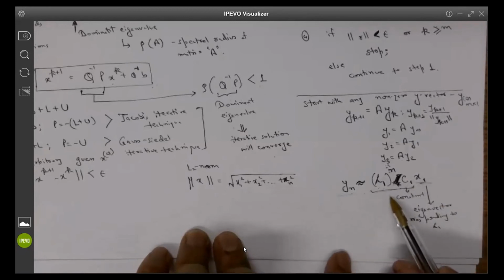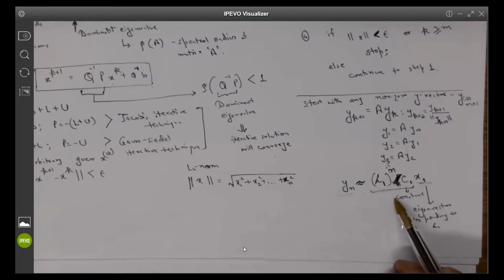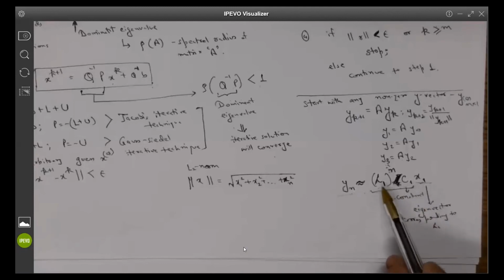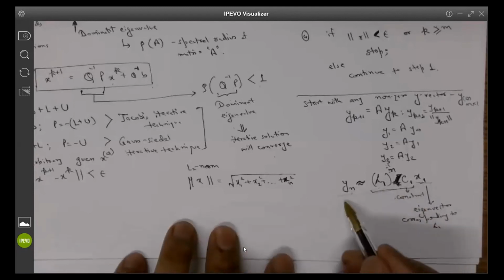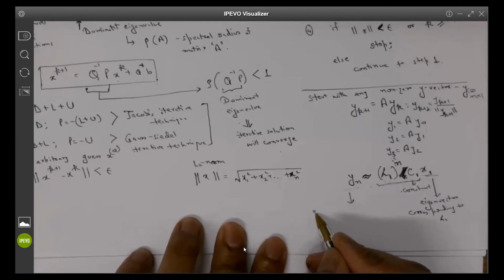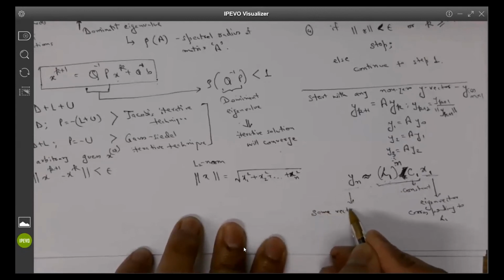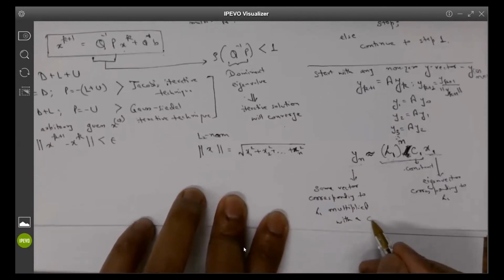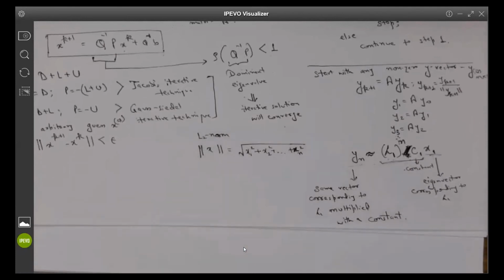So if x1 is an eigenvector corresponding to lambda 1, then y1 will again be the same eigenvector corresponding to lambda 1, multiplied with a constant. Is it making sense?